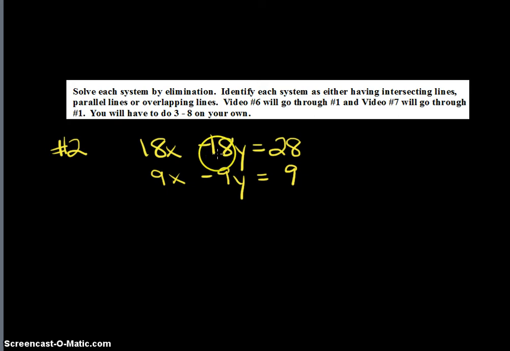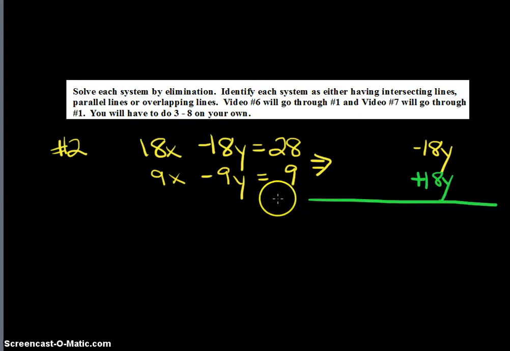So I've got that negative 18y here, which means underneath I need to have a positive 18y. Okay, so I've got to multiply through this equation by a number. I've got a negative 9 here, but I need a positive 18 here. So that means I'm going to multiply by a negative 2. And I'm going to multiply everything out.